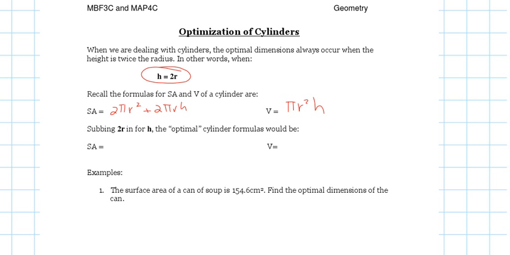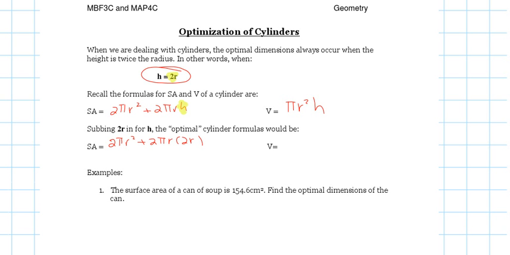So I would have 2 pi r squared plus 2 pi r times 2r. Are we okay with this? I replaced h with 2r. But for it to be optimized, the height should equal twice the radius. So what I'm doing is replacing the height with its value, which is twice the radius.